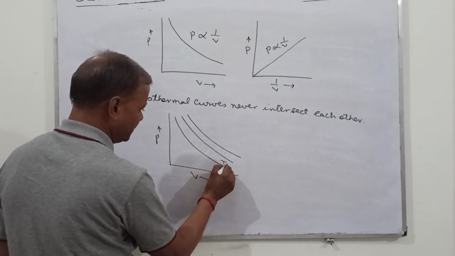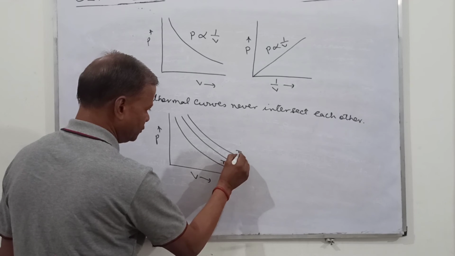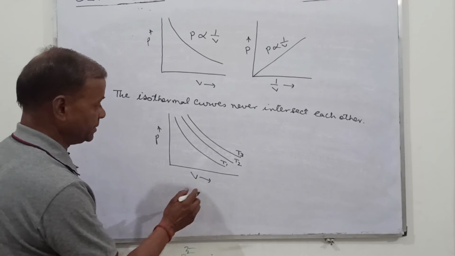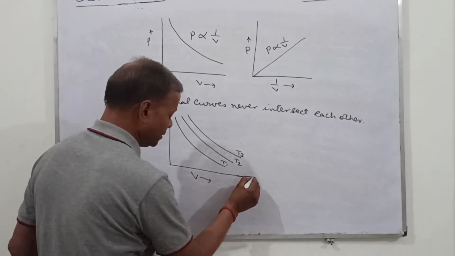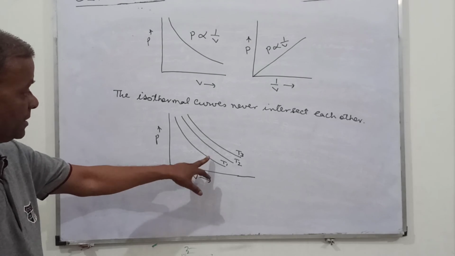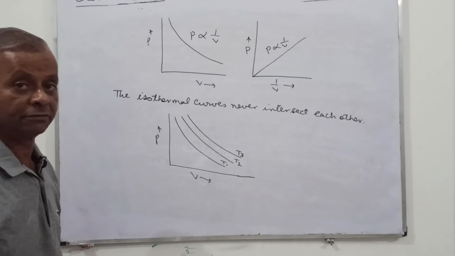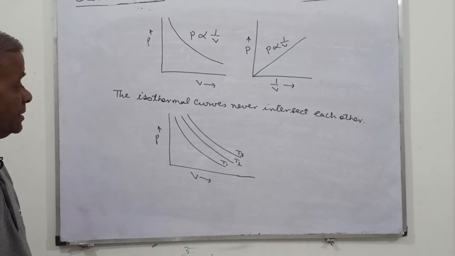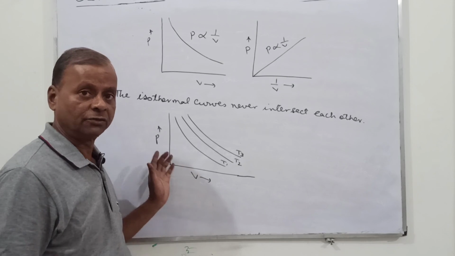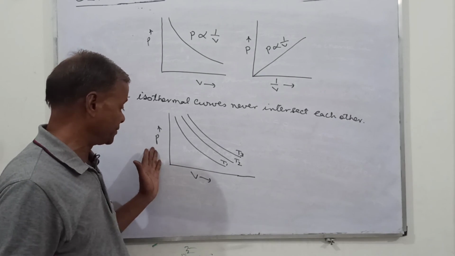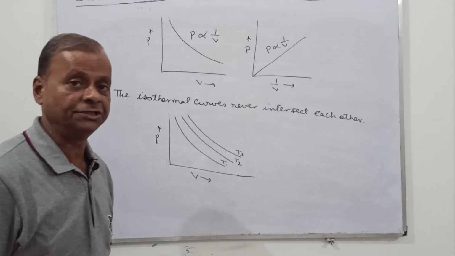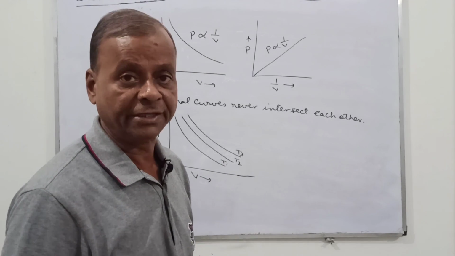This is suppose for temperature T1, this is for temperature T2, then this is temperature T3. So for different temperatures there will be different curves, but they will not intersect each other. So they are parallel to each other. So this gives you the idea that during the isothermal change, whenever we draw the variation of pressure with volume, that will give you curves which are parallel to each other at different temperatures.